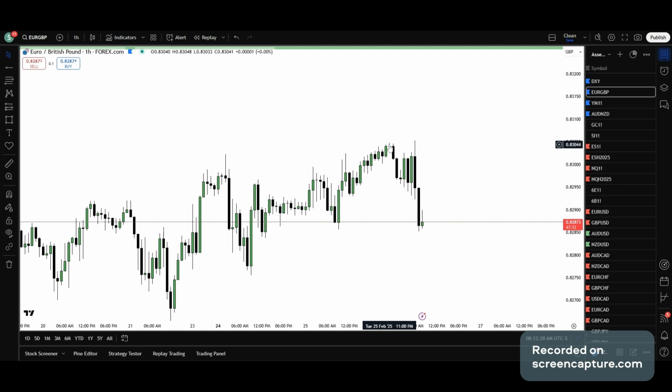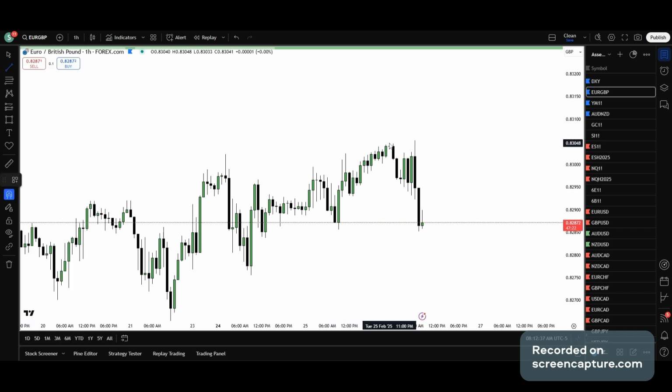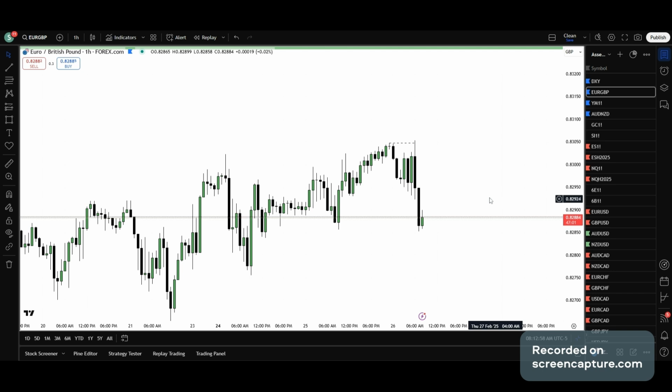See here, we took out Asia liquidity right there with that high and that sweep. So that's Asia's buy side liquidity. We swept that this morning. Market structure shift on the hourly. And then we'll see if we leave an imbalance right here that we could key off of to anticipate continued sell side delivery on euro pound.